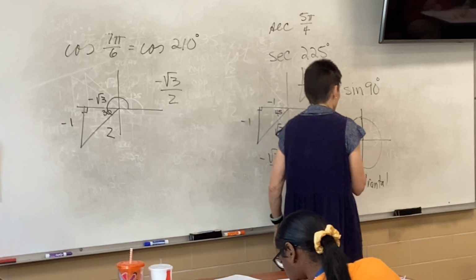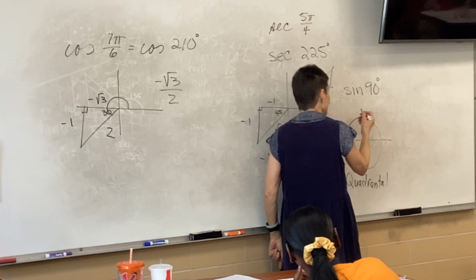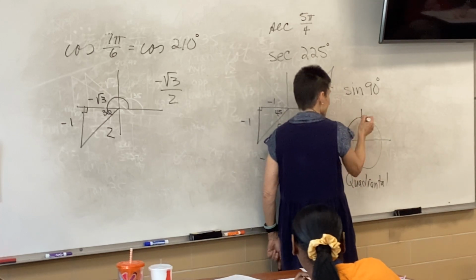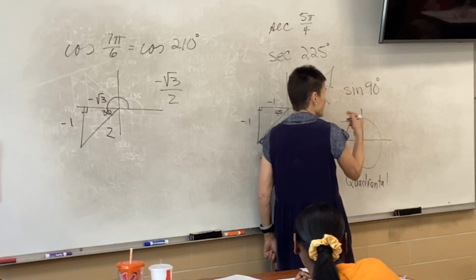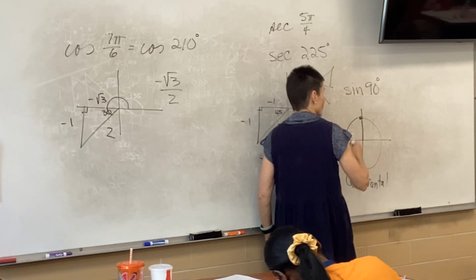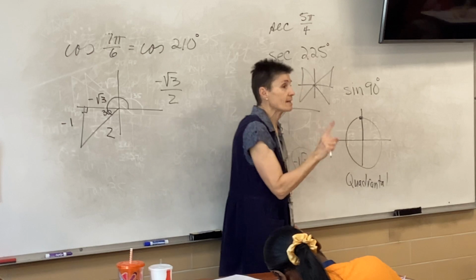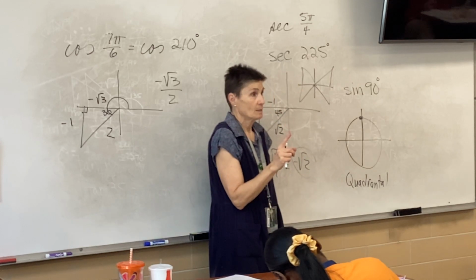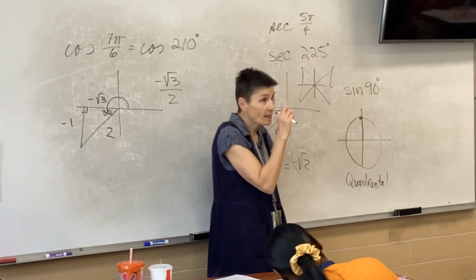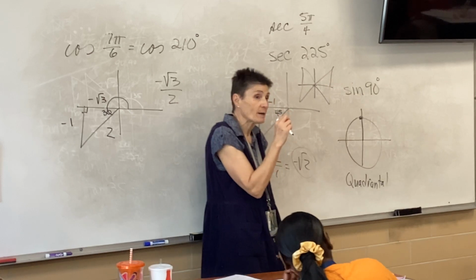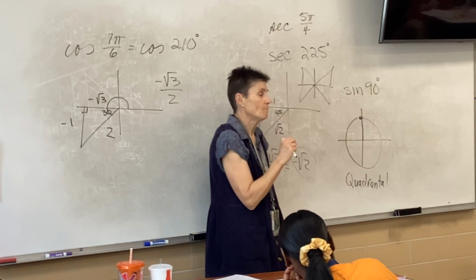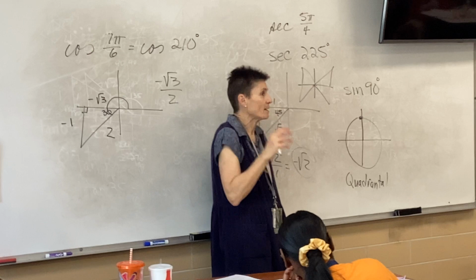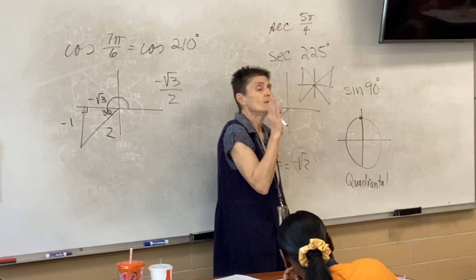Now, how does it work? Well, when you draw your circle, this is the point I'm interested in right there. That's 90 degrees. When you draw your circle, you can draw it any size you want. So in other words, you can draw a little tiny circle and make the radius like 0.1, or you could draw a huge circle and make the radius 50.